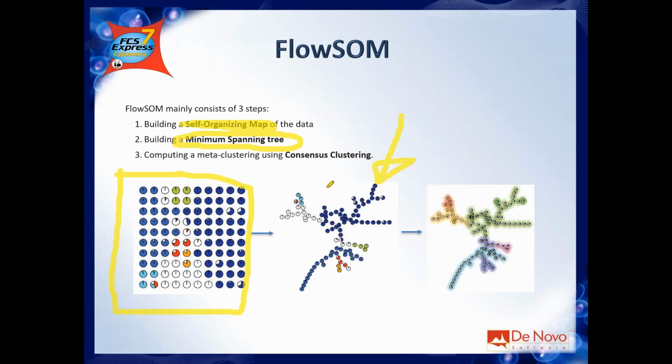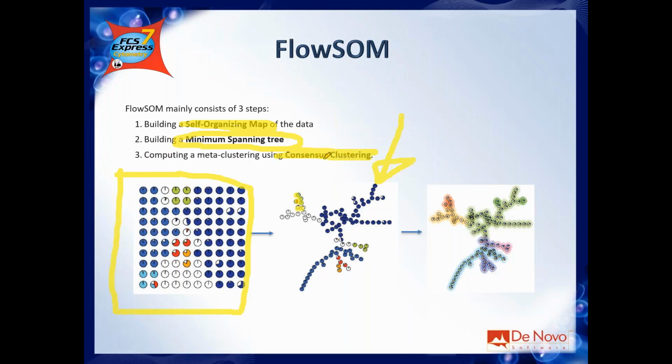Okay, we're no longer speaking about events. It is still the closest neighbor in the multidimensional space, but we are speaking about clusters. So each of those nodes is one of the clusters that you see on the left in the 2D grid of FlowSOM. And the last step, which is really cool, is consensus clustering.